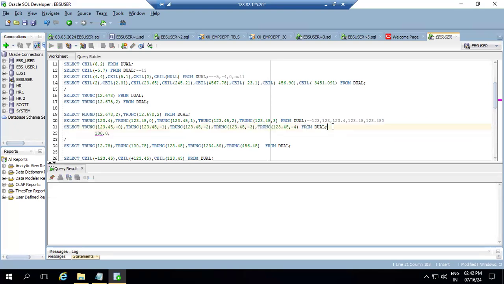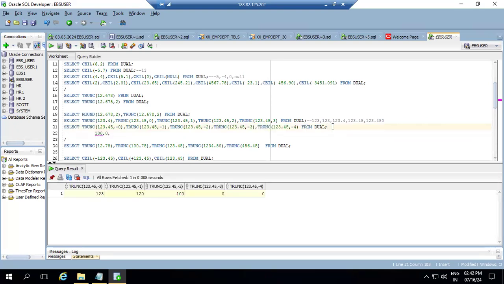You can just observe here. So what happens here? 123. Next one, it is minus 1. So minus 1, how we mentioned it is 0 here? Second one, minus 1 means 3 has become 0. 123, 5 is less than 5, so next it is 120.